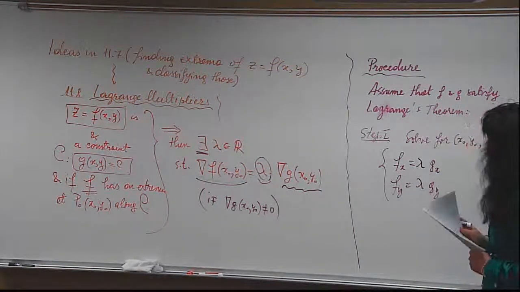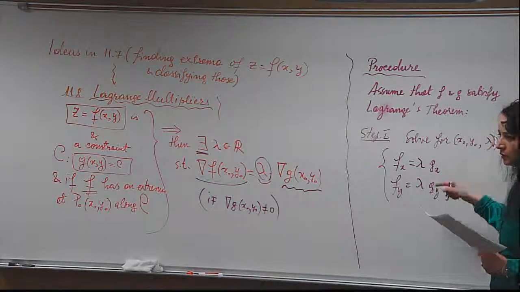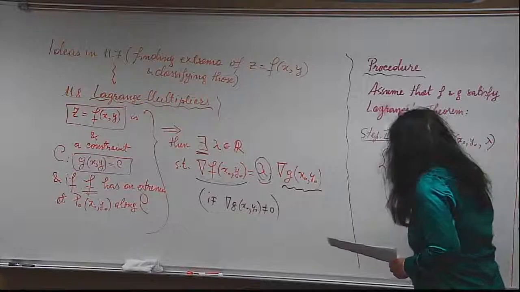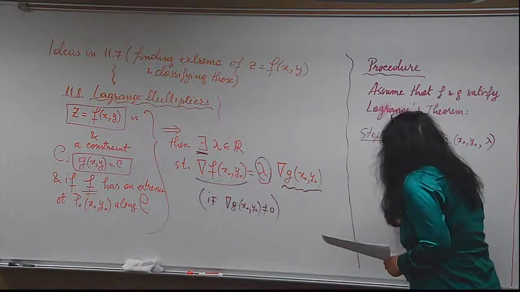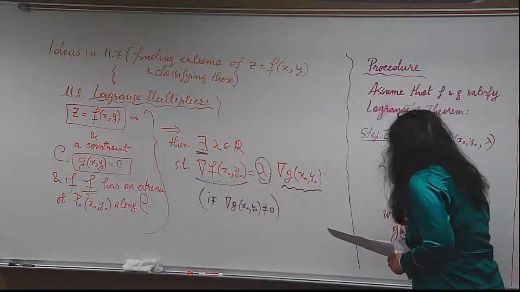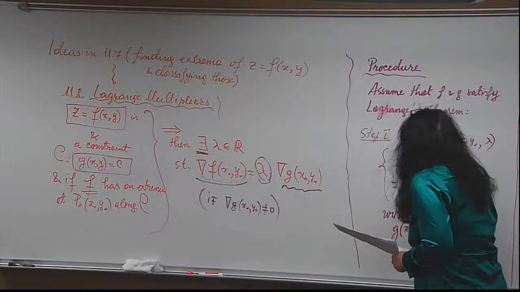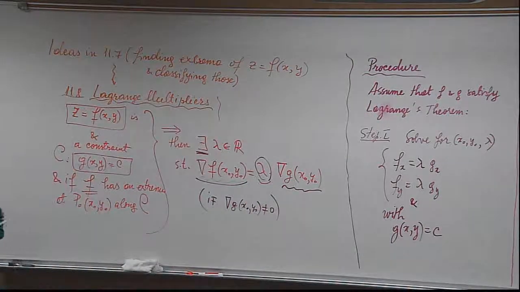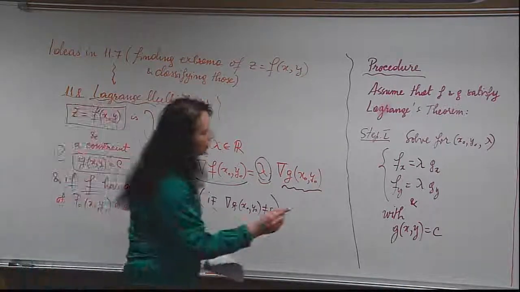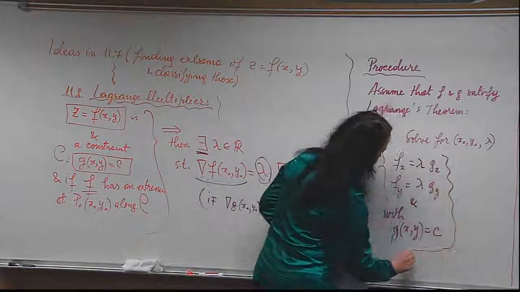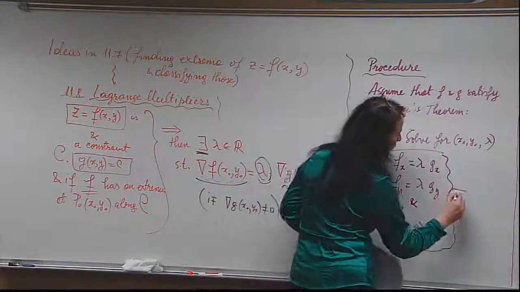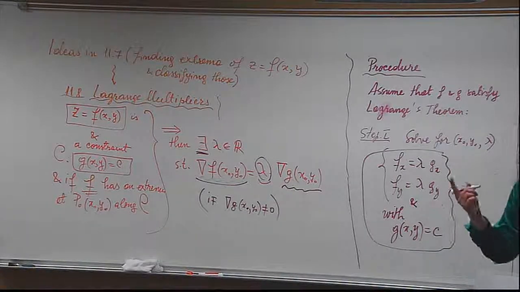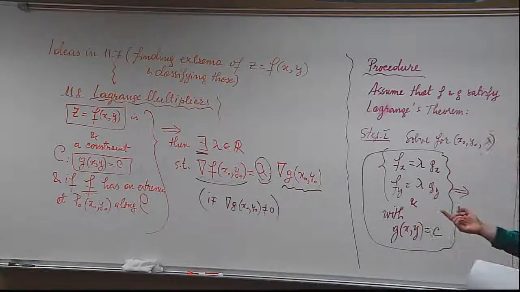So you're going to solve this system together with the absolute constraint that you have, g of x, y equals c, because these guys are married. They always are in this relationship. And from all the information of the system, you're going to get, well, not one, maybe several values of lambda.